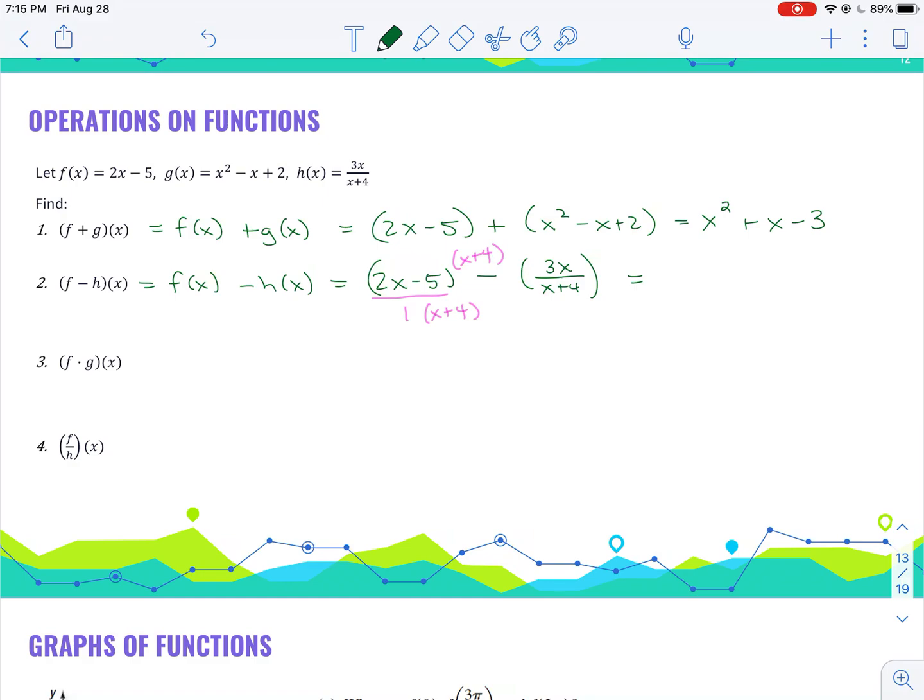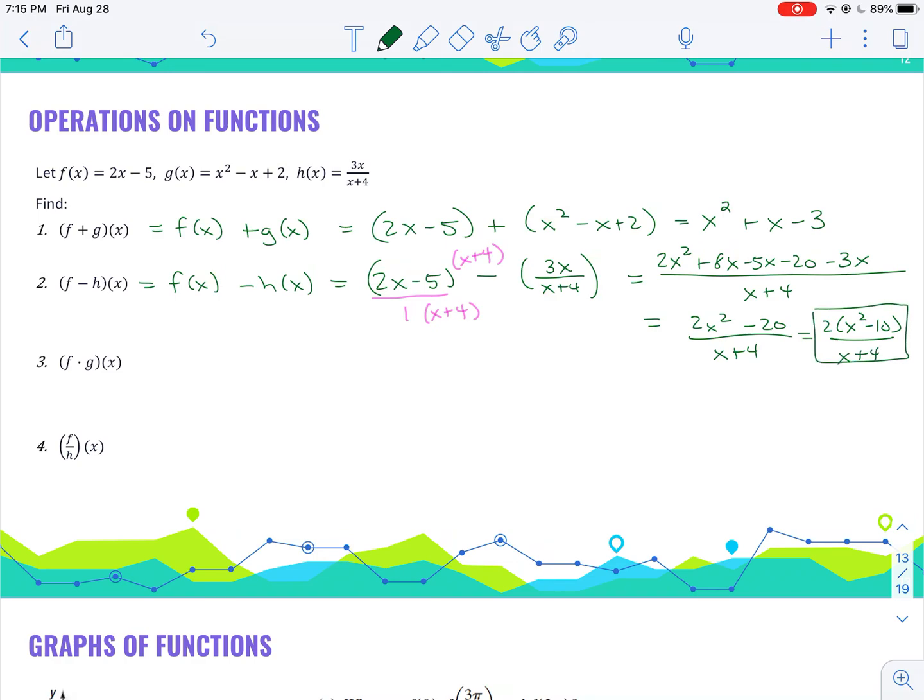So 2x minus 5 times x plus 4 would give me 2x squared plus 8x minus 5x minus 20. And then I'm going to subtract the 3x from the second numerator, all over x plus 4. Combining like terms, I get 2x squared plus 3x minus 3x. Those will go away. So 2x squared minus 20 over x plus 4. If I factored out the 2, I would get x squared minus 10, and I can't factor any further, so that would be as far as I could go.